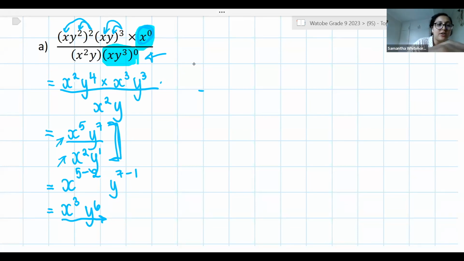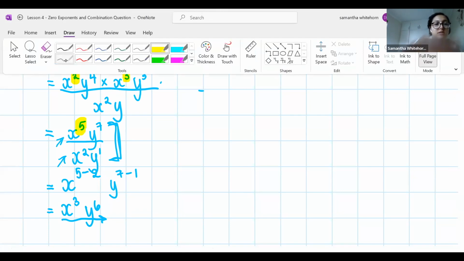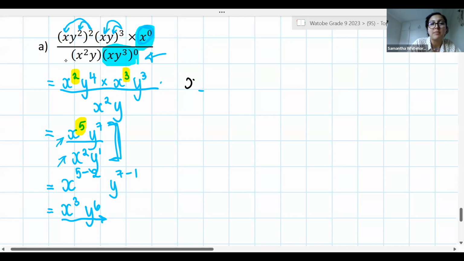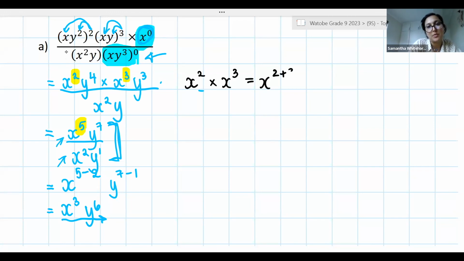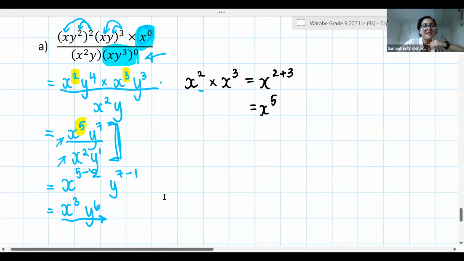I got the 5 from the exponents over here. Oh, so you added them. Yes, exactly. My first law of exponents says that when I am multiplying the same base with exponents, in order to simplify that, I add the exponents. And so I just add the 2 and the 3 to get 5. Oh, okay. Now I understand. Thank you, ma'am. Good.